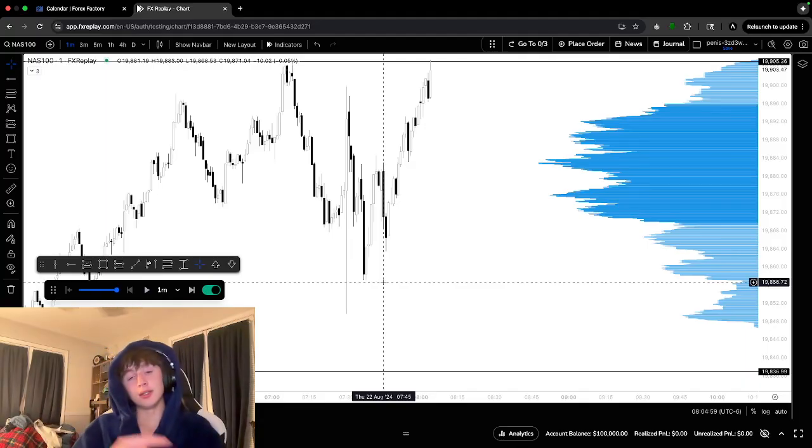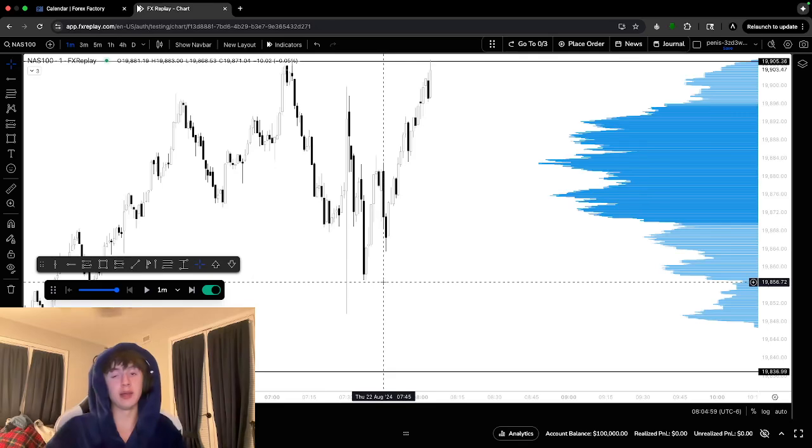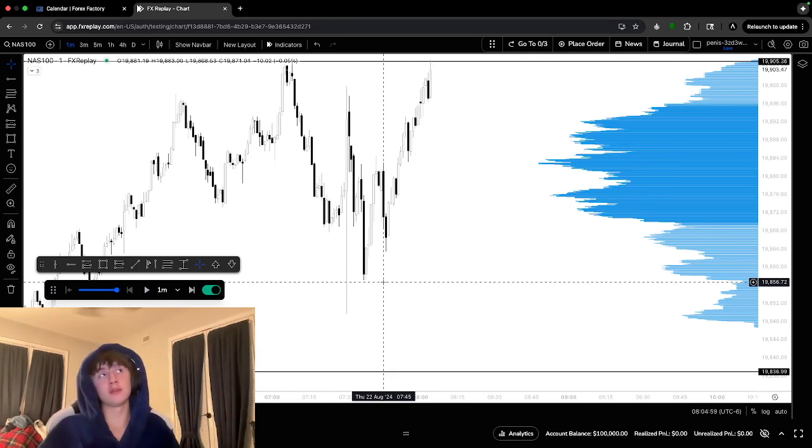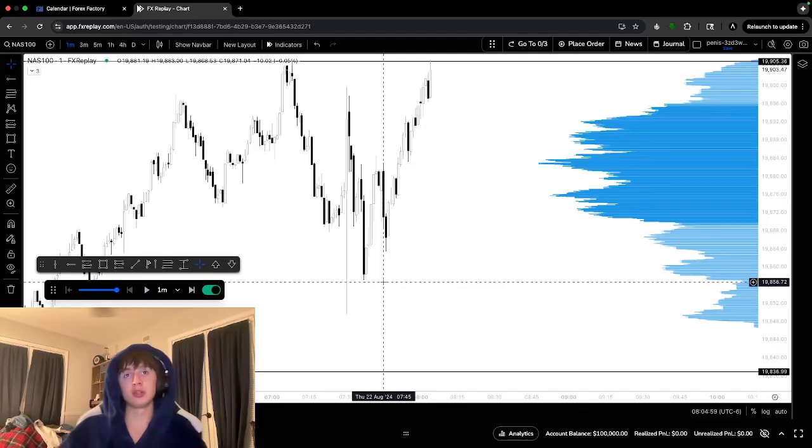Then you scale down to the 5 minute and you see what's going on there. Lows and highs, you know. See if it aligns with the 4 hour bias that you had. Then you mark out some 5 minute gaps that could be important.